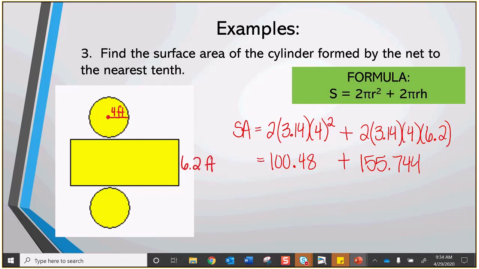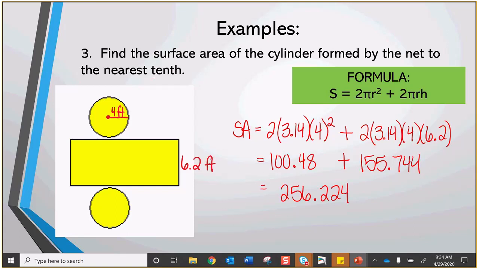Now I want you to notice that I have not done any rounding yet. You should not round until the very end. So 100.48 plus 155 and 744 thousandths is 256.224. Okay, now I need to round.